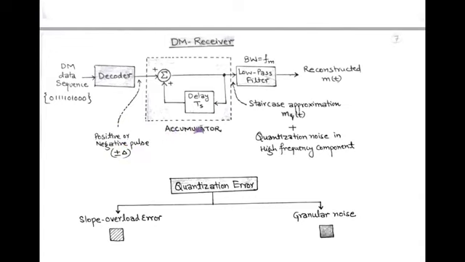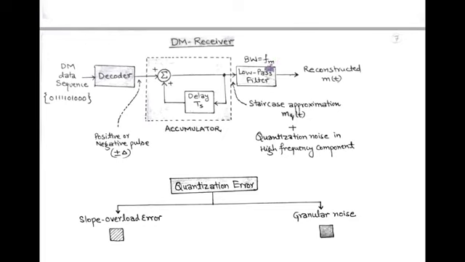Here, the accumulator consists of an adder and delay Ts, which generates a staircase approximation mq(t), in addition to the quantization noise in the high frequency component, that is called quantization error. And in order to recover the original modulating signal m(t), we simply use a low pass filter which has a bandwidth equal to the message bandwidth, that is fm.